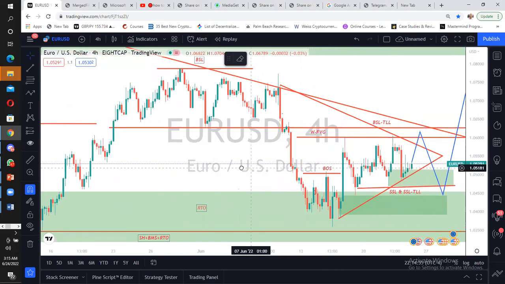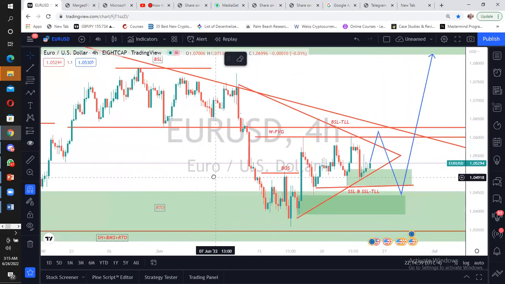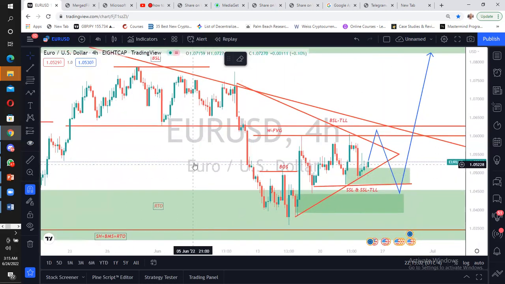Now with this, we will say yes, the market is fully reversed. But if not this, until this level is broken off, this market still has more future going to the downside than the upside. So most of us that are taking the upside right now are actually counter trading.